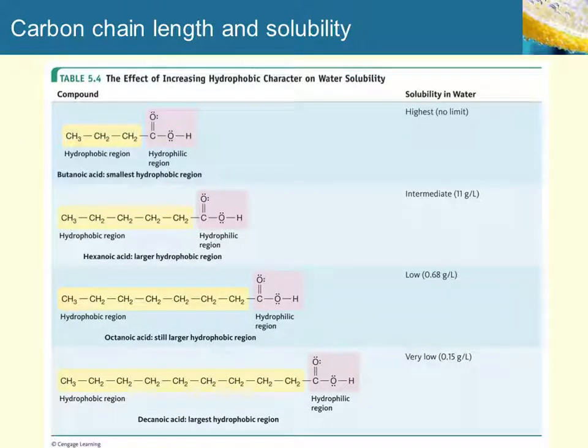So let's take a moment to look at table 5.4. These are all acids. They all have that COOH ending, that carboxylic functional group, indicative of organic acids. But notice how your solubility is highest with the smallest carbon chain, as in butanoic in the first structure.